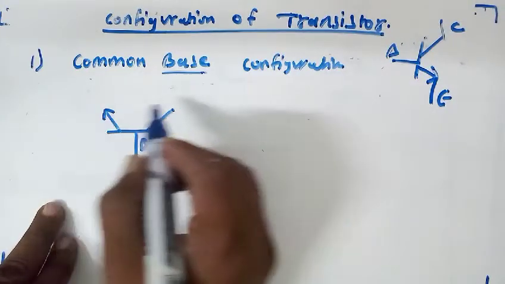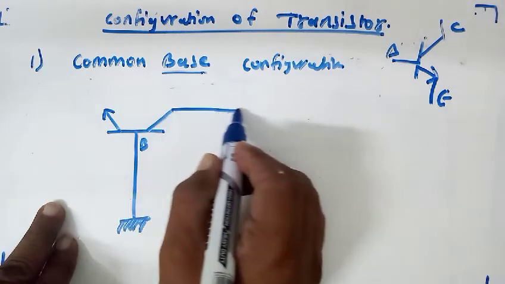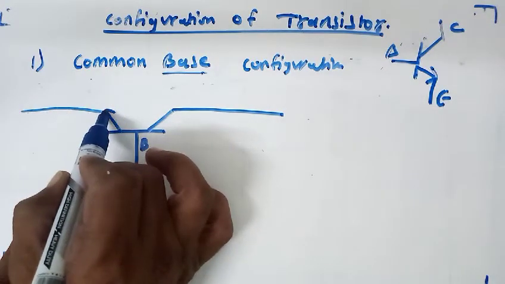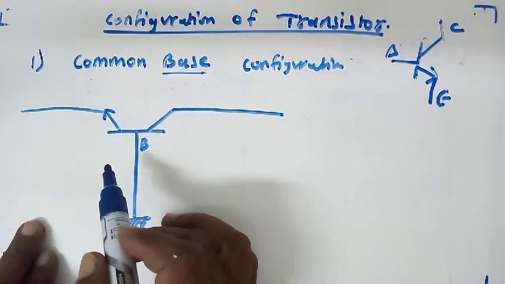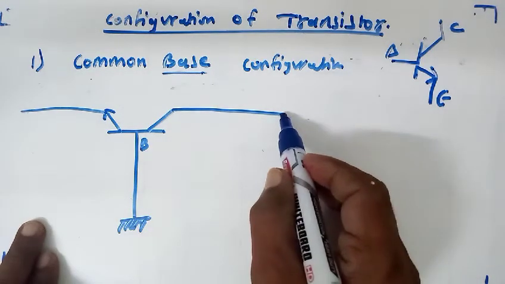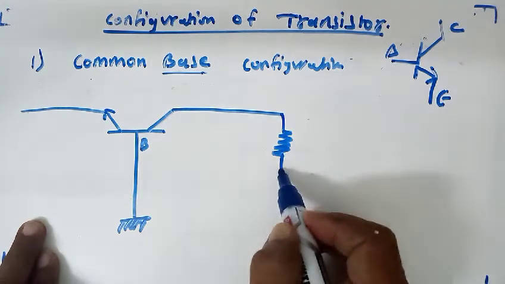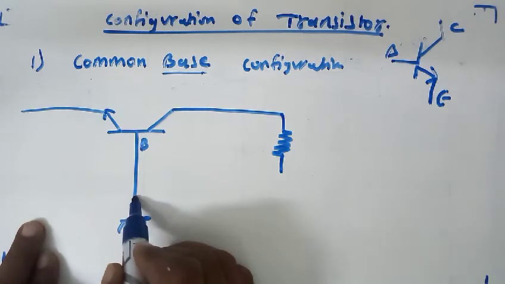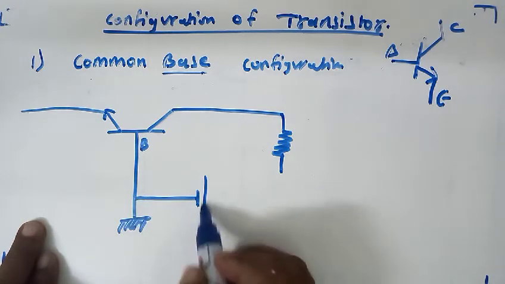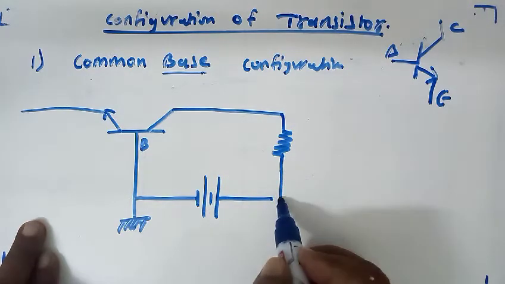This is the emitter terminal and this is the collector terminal. From the collector, a resistor is attached to the base, and the base is connected to the negative terminal of the battery, and the collector to the positive terminal.